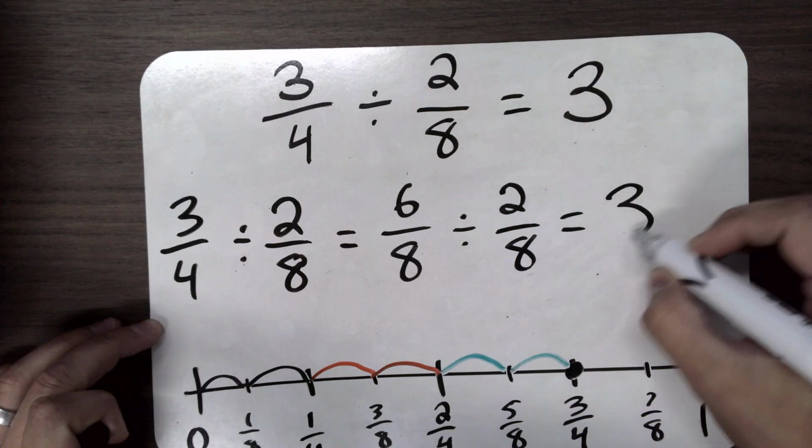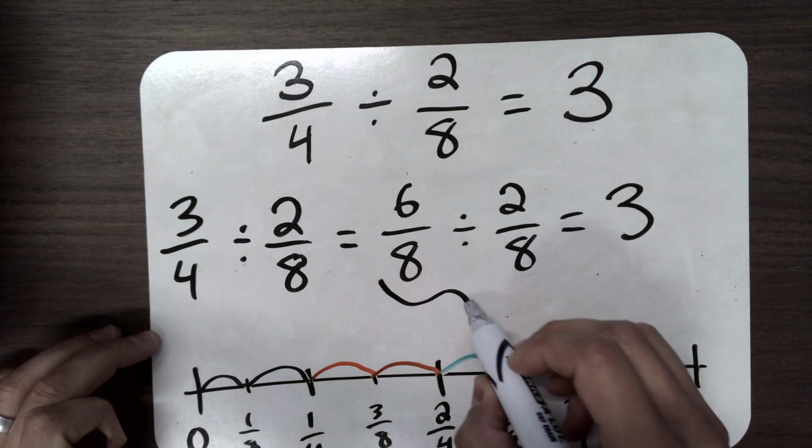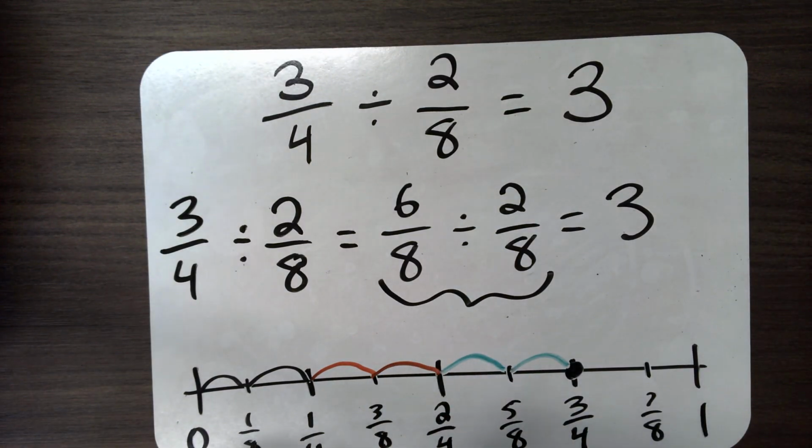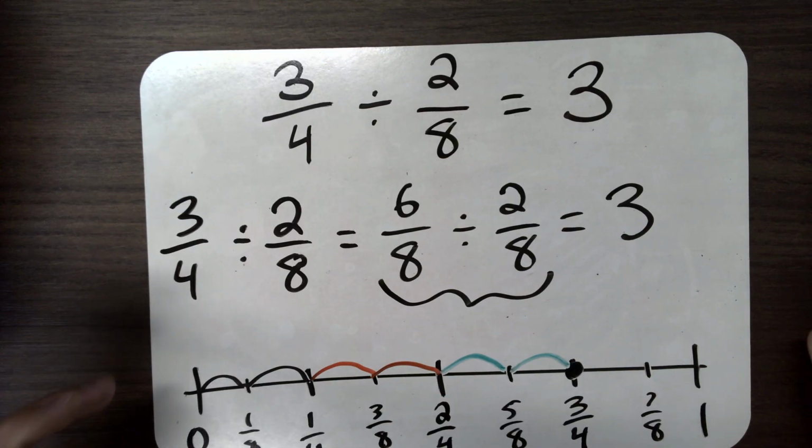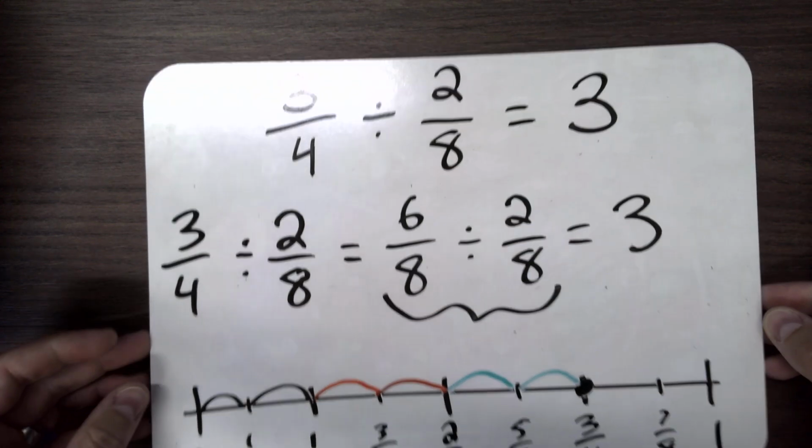And then the 3. So this portion here will actually be related to one of the algorithms that we look at in one of the future videos, the common denominator algorithm. So those are when we have a whole number quotient.